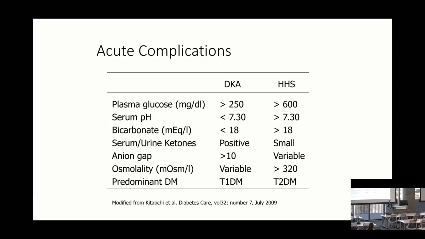And the difference between DKA and HHS, as you can see, is that the glucose is much higher in HHS. There's not much acidosis in HHS, okay? It's more of a hyperosmolar, fluid and osmolality issue than anything else.